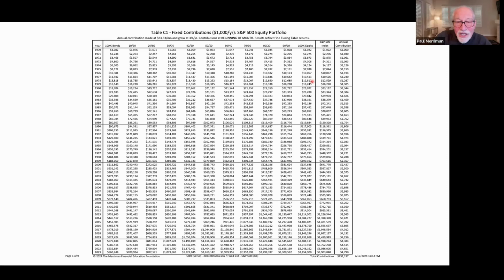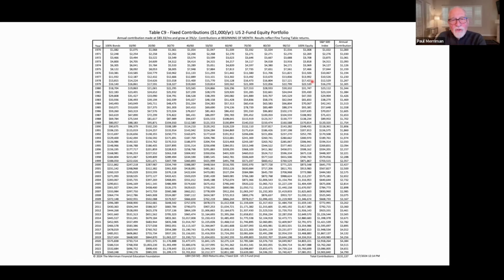If we just dash over for a second to the two fund strategy, remember that's half S&P 500, half small cap value. You have a lot more at the end of the first 10 years. Instead of having 16,000, you have over 23,000. And of course, that then gives you a new base for the next decade.